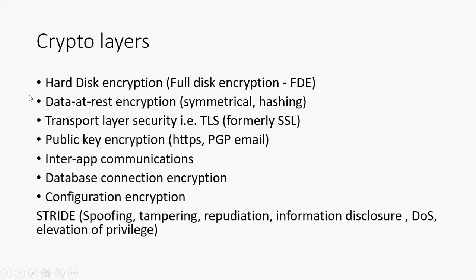But when we move into the more software application level, we can obviously encrypt data at rest. We can use symmetrical encryption if we need to decrypt it. We can use hashing, but we need to use the right sort of hashing. I don't really want to spend a lot of time on this because it could be a whole video in itself, and I might do that at a later date.